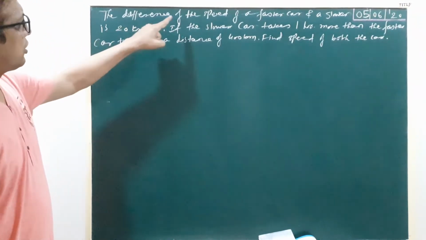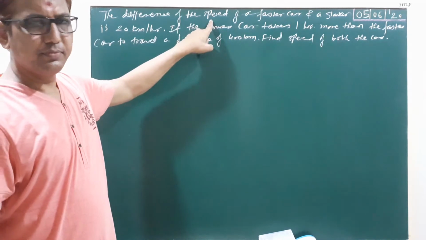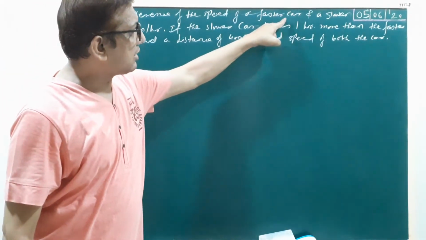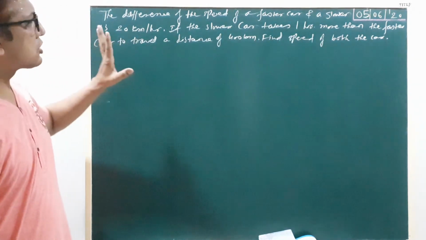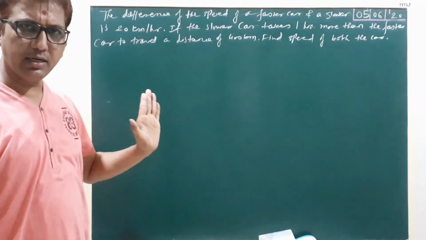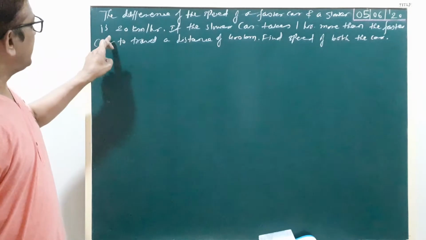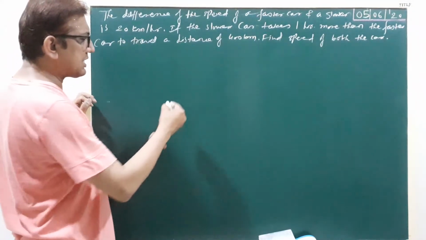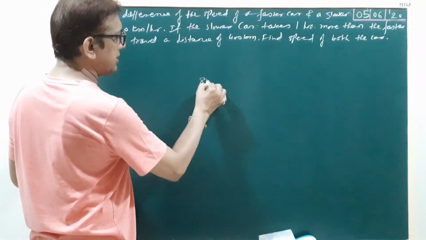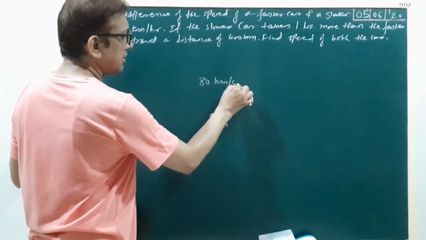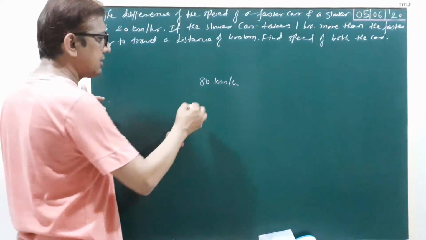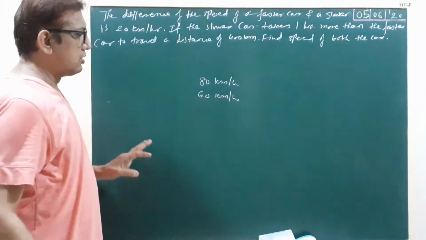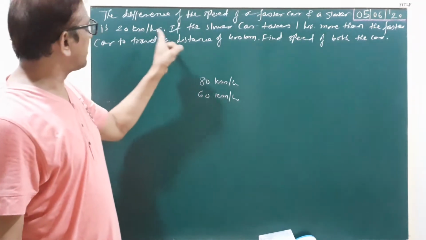The difference of the speed of a faster car and a slower car is 20 km per hour. Suppose my car is the faster car, its speed is 80 km per hour, and your car is the slower car, its speed is 60 km per hour. Right? So this difference is 20 km per hour.